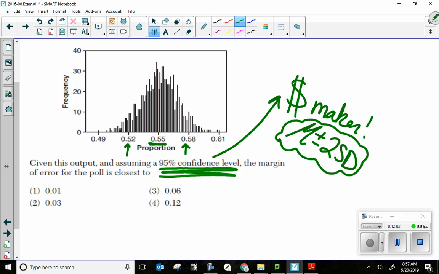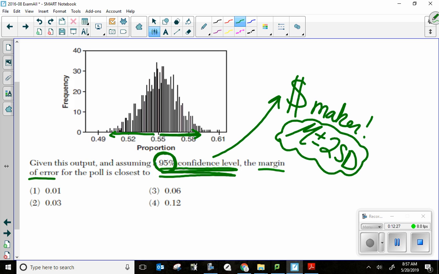So what they're saying is my margin of error, in my interpretation, is telling me how far from the average can I go where it would look like it covers 95% of all that data.